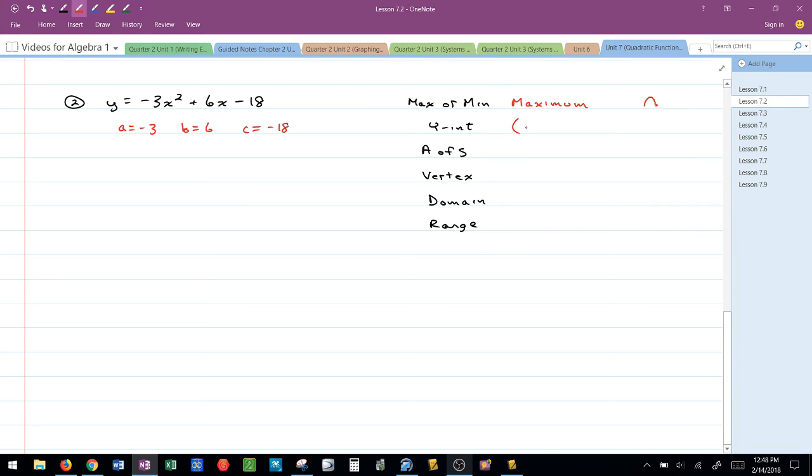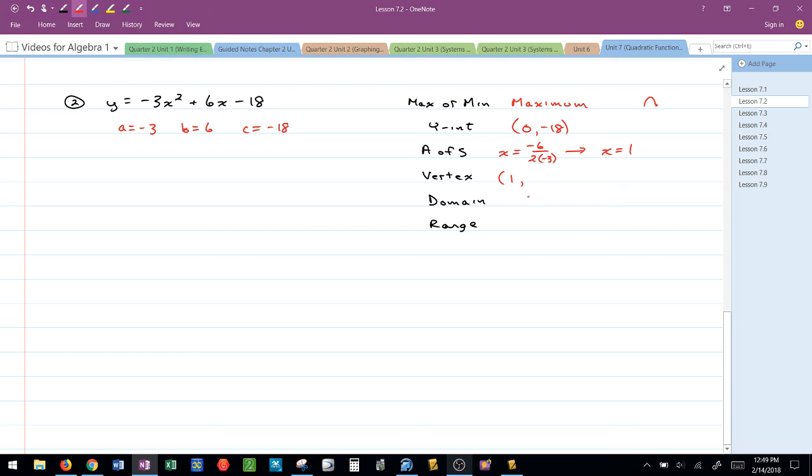I know the y-intercept is 0, c, or 0, negative 18. I know the axis of symmetry is an equation. x equals the opposite of b over 2 times a. That would give me negative 6 over negative 6, or x is equal to 1. That 1 becomes the x value of the vertex.